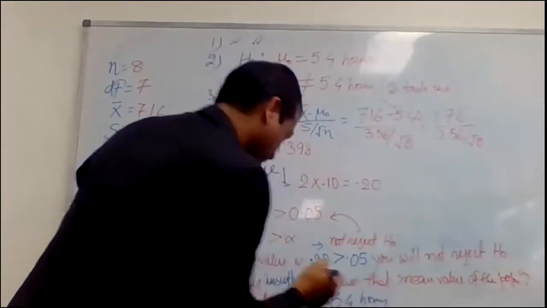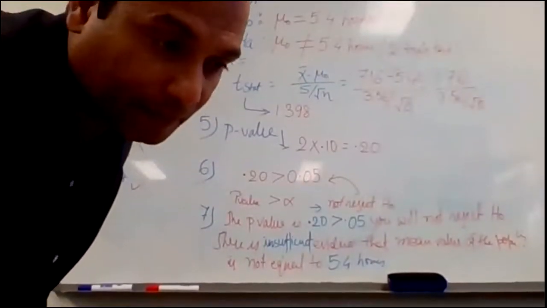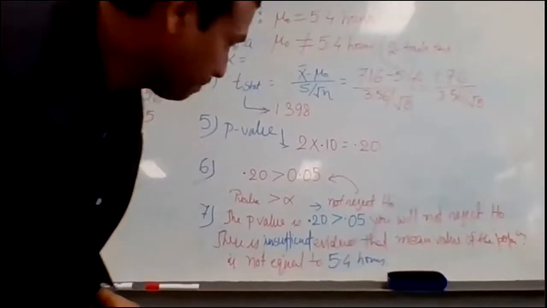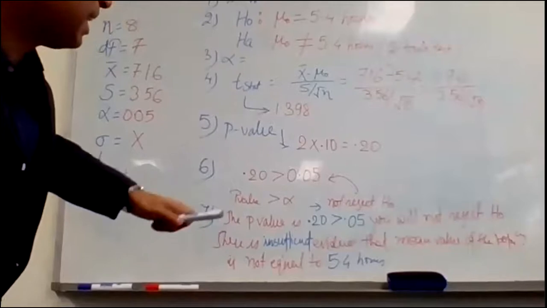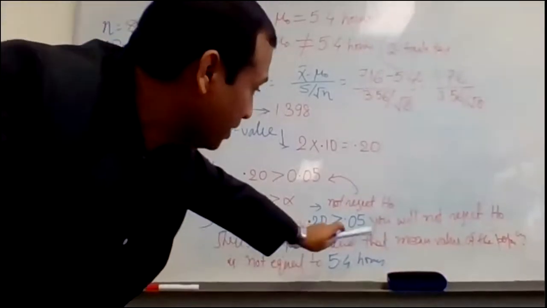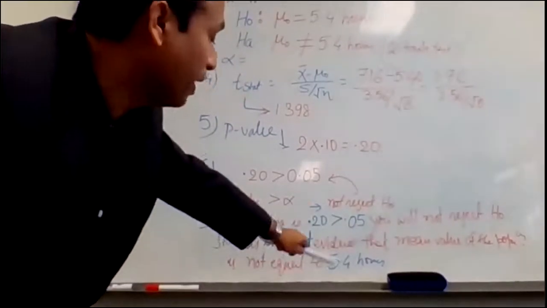So, sir, when you're making the conclusion, it doesn't matter from what perspective you're writing it, whether it's the null or the alternate hypothesis. Even you can change it like this: there is sufficient evidence that the mean value of the population is equal to 5.4.